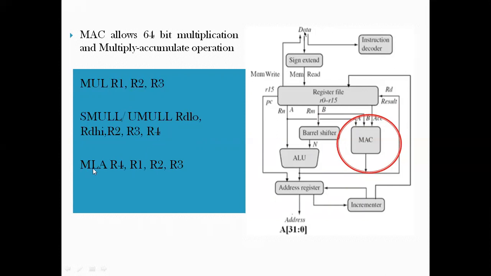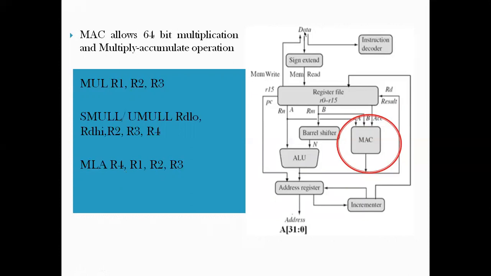MLA is what? It is multiply and accumulate. Now, as I was telling you that it allows addition also, so it means what? So in this case, R3 is added to R2 and then this is multiplied by R1 and the result is stored in R5, R4. Further, multiply and accumulate can also be long multiplication.